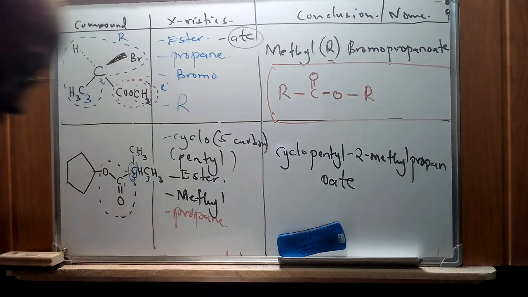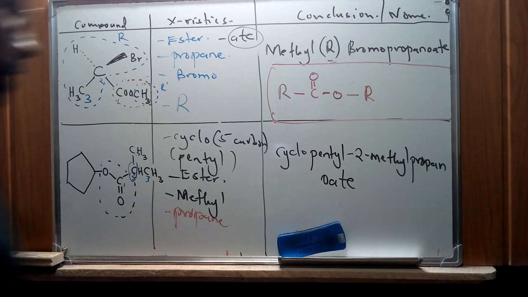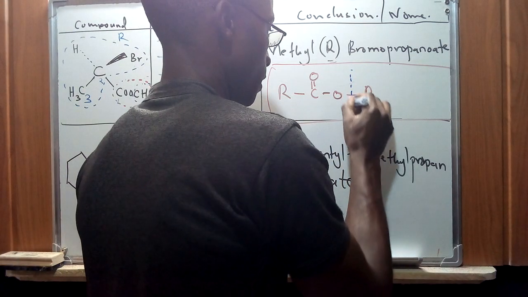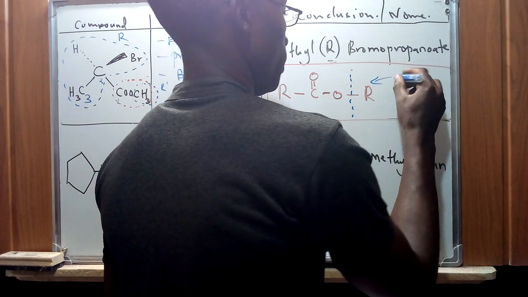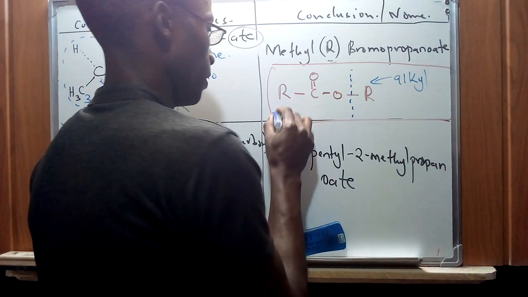If you look at these two sections of what I've drawn on the board, we have an alkanoate and an alkyl group. We just make a boundary there. This is an alkyl group, and this is an alkanoate.